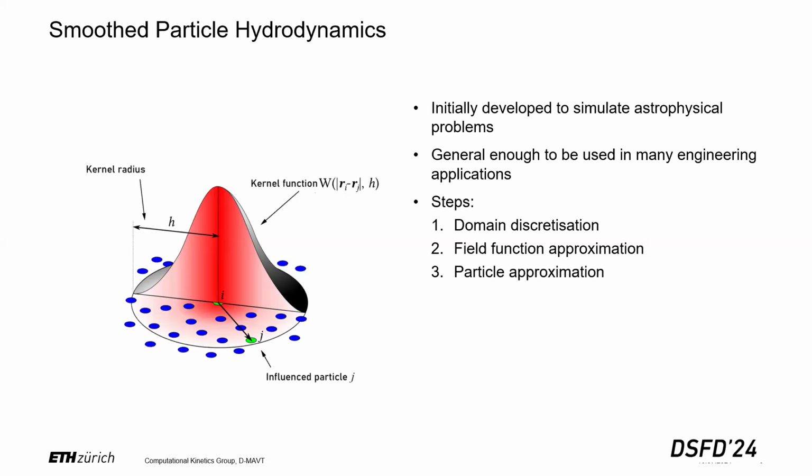We have a continuous fluid, and we discretize it by taking a set of randomly distributed particles, like shown in that figure. Second, we do a field function approximation. We approximate the function using an integral representation. And then finally, we do a particle approximation. So we convert that integral into a finite summation. So what does it mean in practice?